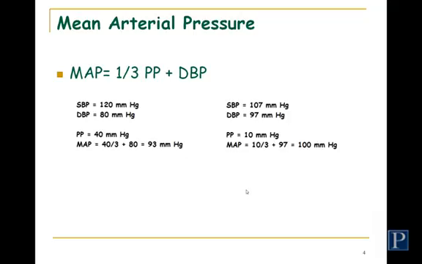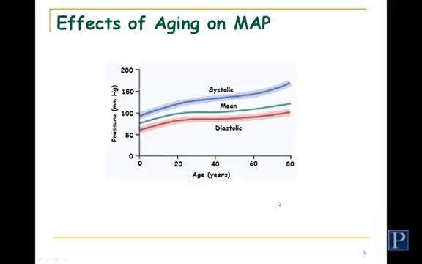Now, if you look at mean arterial pressure and systolic and diastolic pressures, as we get older, there are some changes that happen. As we get older, systolics, diastolics, and our mean arterial pressures all appear to increase. Now, how much it increases depends on the individual, but if we're looking at the entire population, these numbers will tend to increase as we get older.